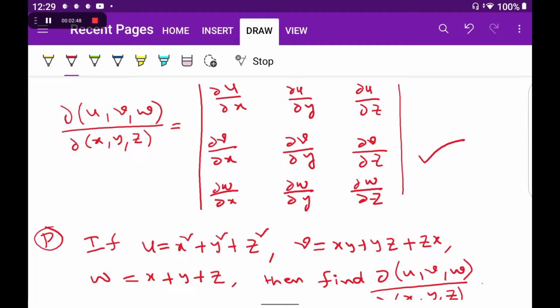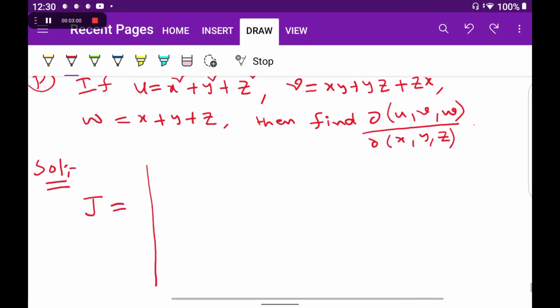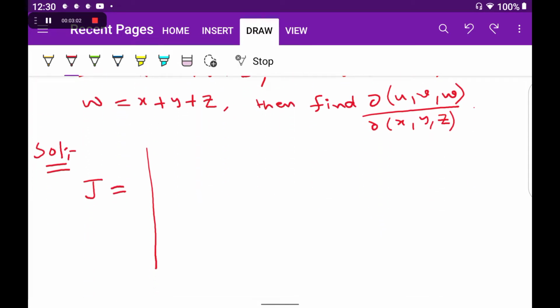What is dou u by dou x? Because u is x square plus y square plus z square, dou u by dou x is 2x, dou u by dou y is 2y, dou u by dou z is 2z. 2x, 2y, 2z.